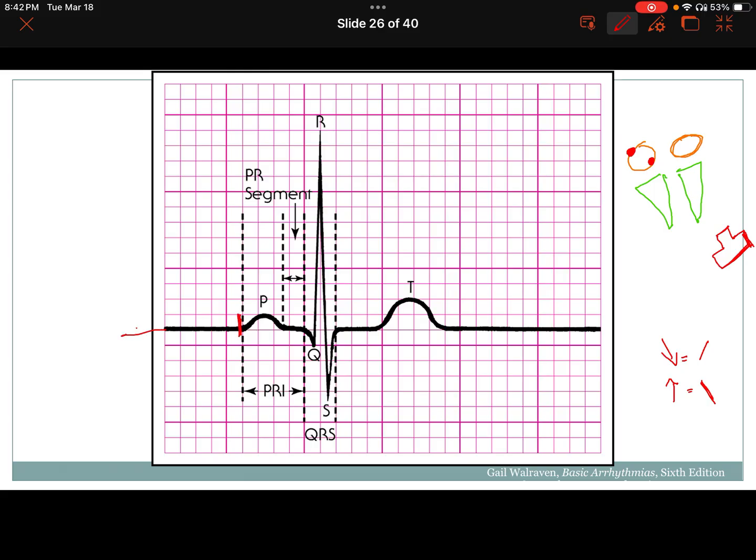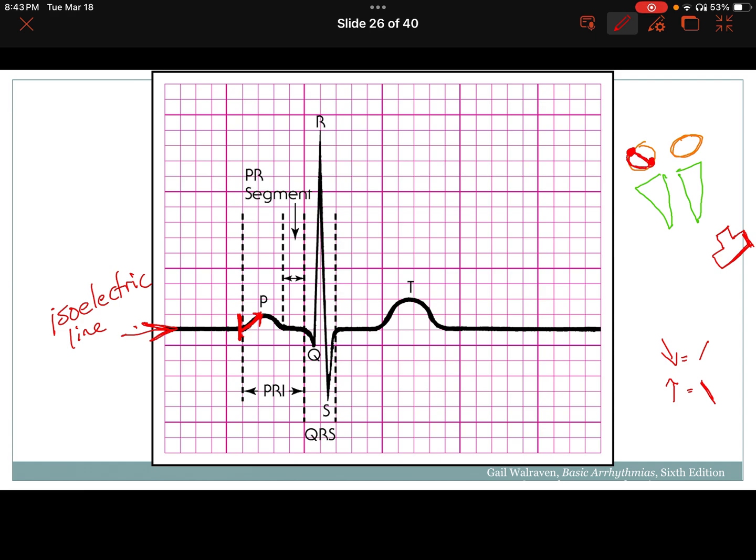So what you need to do is look at this point here. This is referred to as the isoelectric line. Okay, so this is the isoelectric line. It is our starting point. When that electricity leaves the isoelectric line and starts going up, it's traveling toward the camera. Okay? So see here how it's traveling toward that AV node.